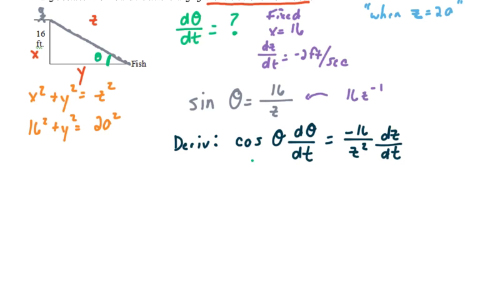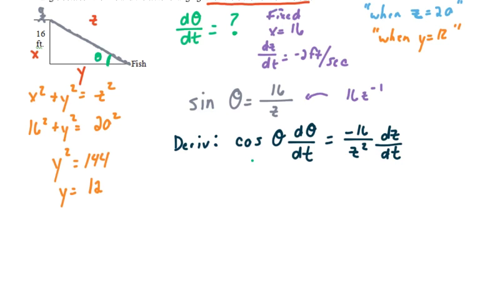And then I just go through my process of finding y. So y squared is equal to, I would subtract 16 squared, I would end up with 144. So y is equal to 12. So when z equals 20 is also when y equals 12. Those are the exact same moment in time. So just recognize that those go together.